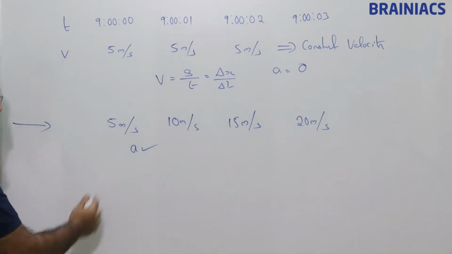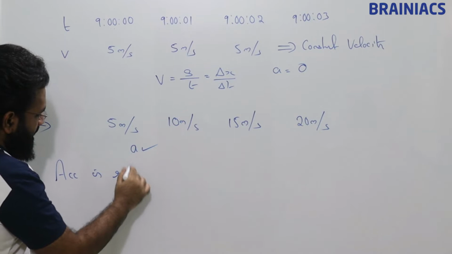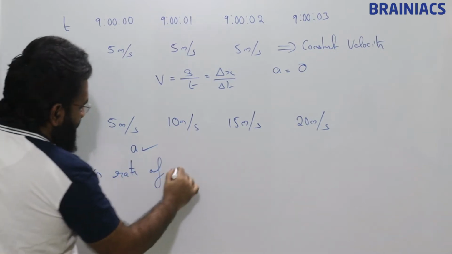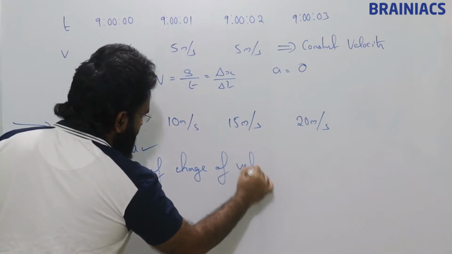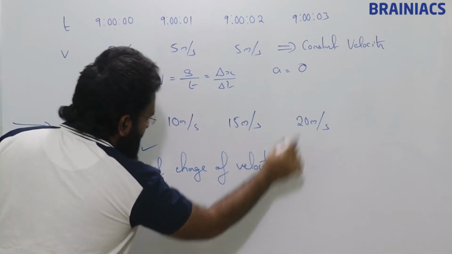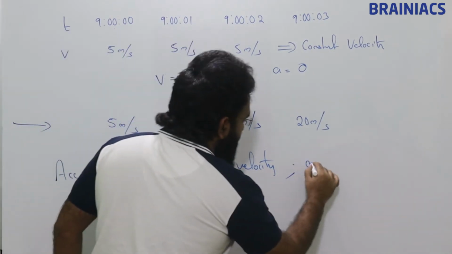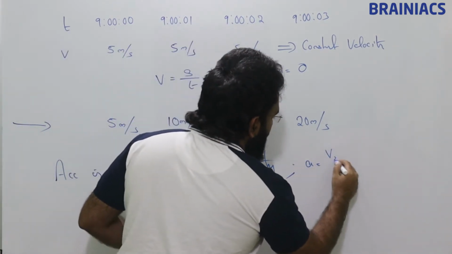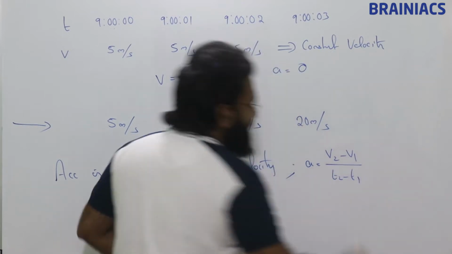So how to find acceleration? Acceleration is rate of change of velocity. It is very simple: A is equal to V2 minus V1 by T2 minus T1.